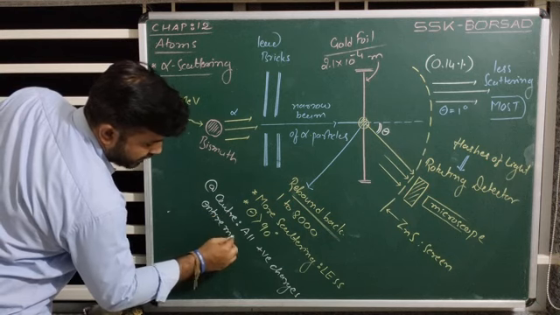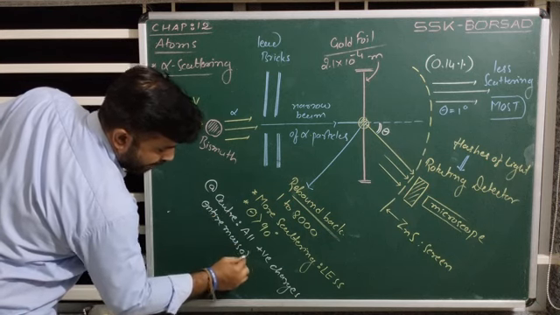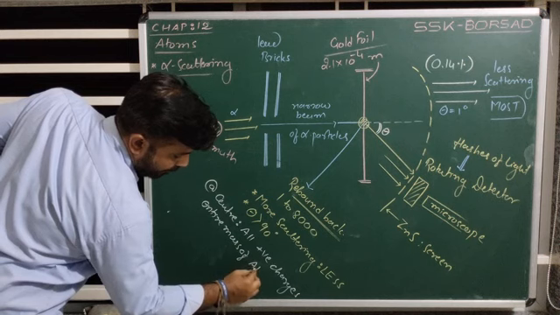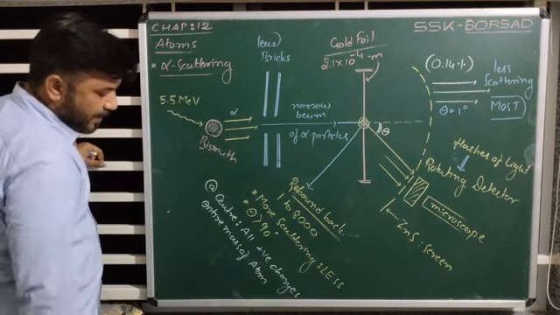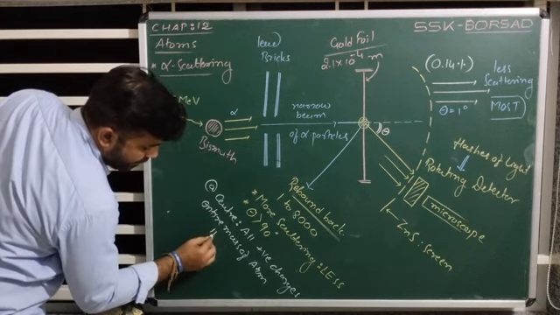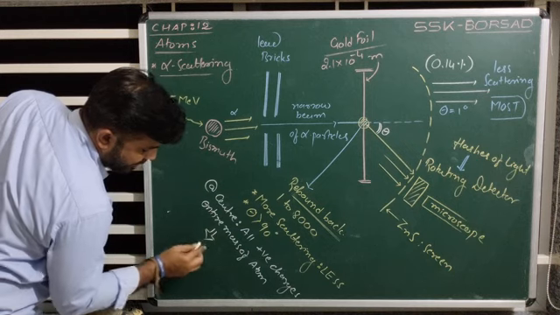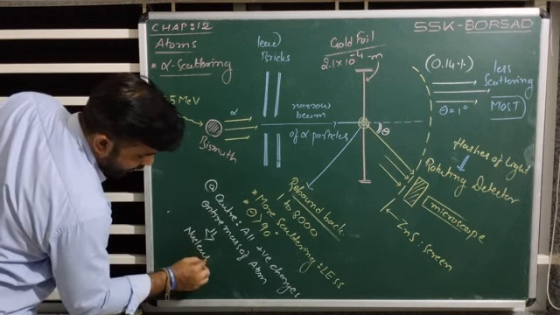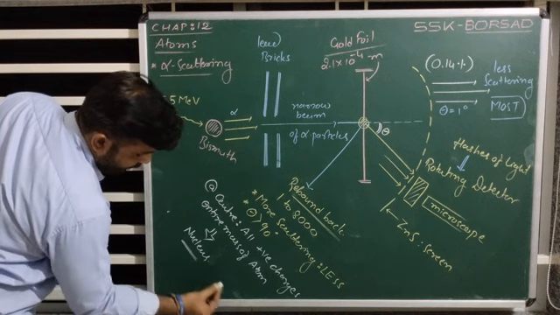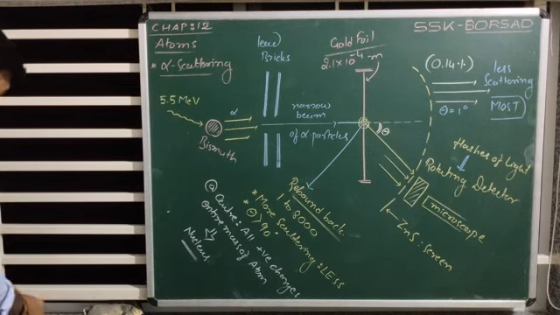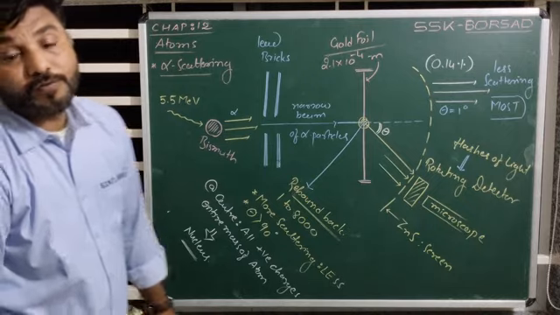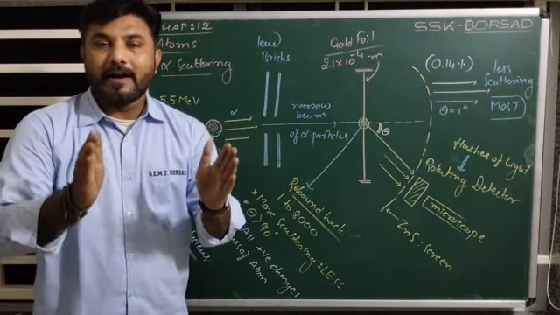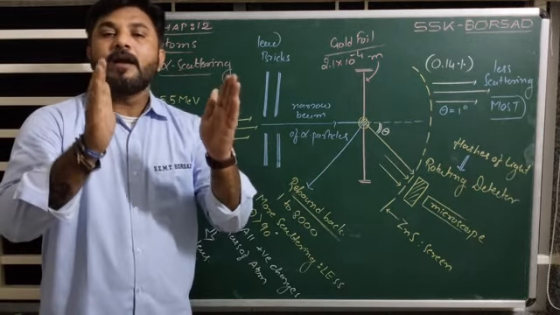The entire mass of the atom is present, and that region is known as nucleus. Clear? So it is the end of the conclusion of the Geiger-Marsden experiment.